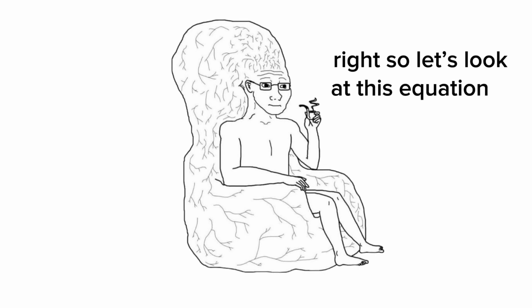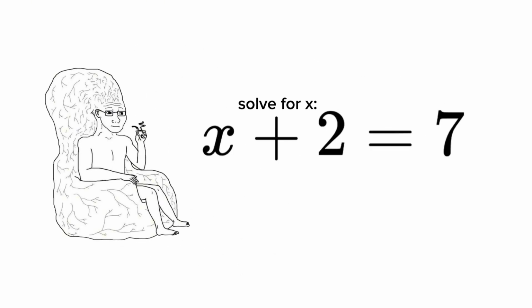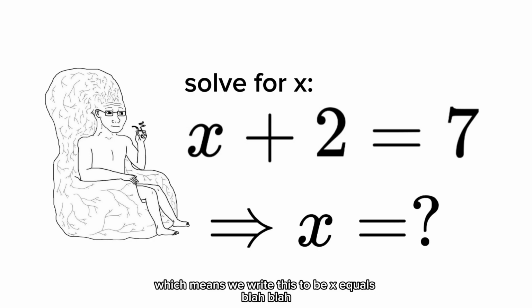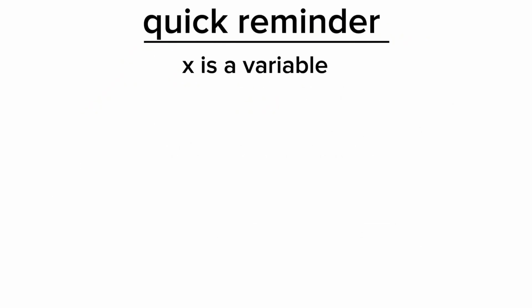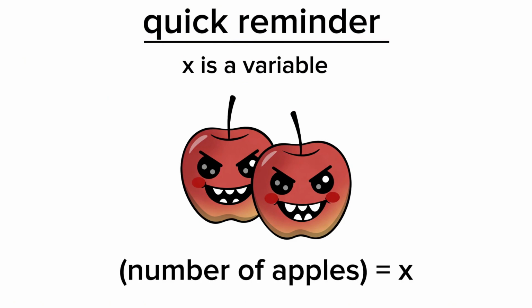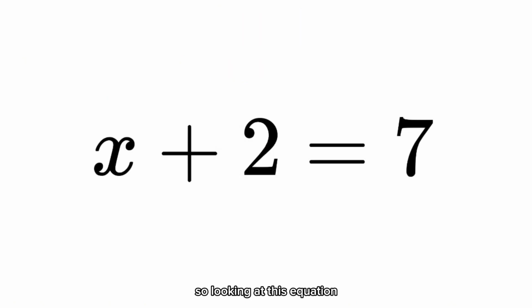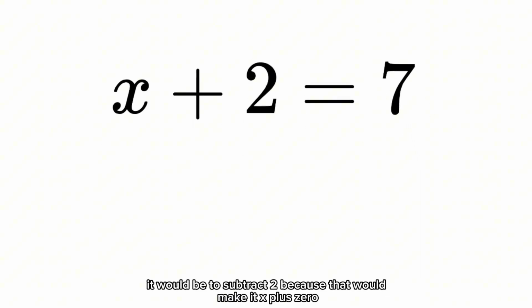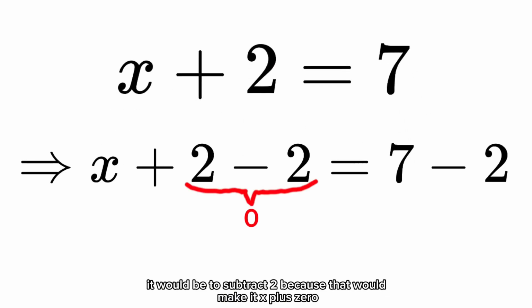Right, so let's look at this equation. It's asking solve for x, which means we'll write this to be x equals blah blah. Quick reminder, x is a variable, which basically means it's a number we don't know yet. So looking at this equation, how do we write x by itself, basically getting rid of this 2 on the left side? It would be to subtract 2, because that would make it x plus 0.